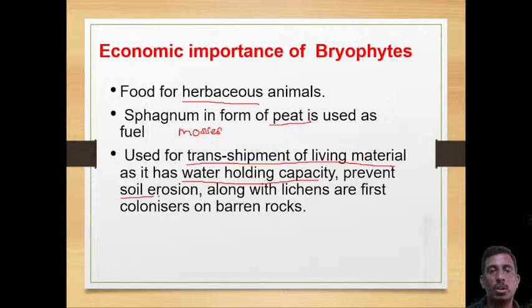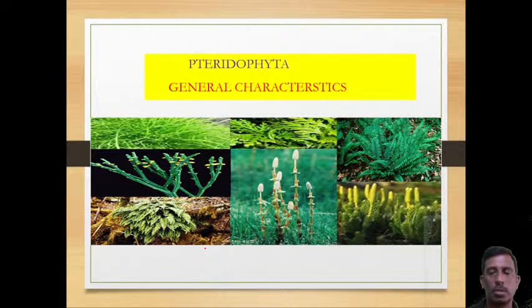It prevents soil erosion. Lichens are first colonizers on barren rocks, that is, during succession.